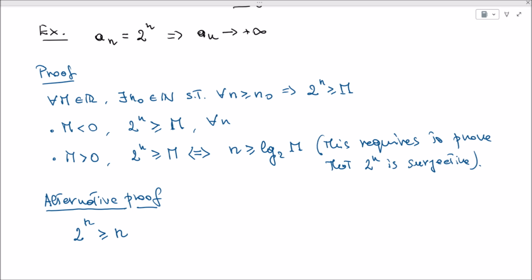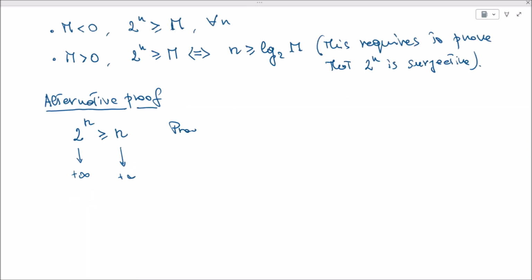Well, if we can do that, then we can use the squeeze theorem, because we know that basically this will tend to plus infinity, so we can then conclude that also this will tend to plus infinity, so it will diverge to plus infinity. So the problem now is to prove this inequality.